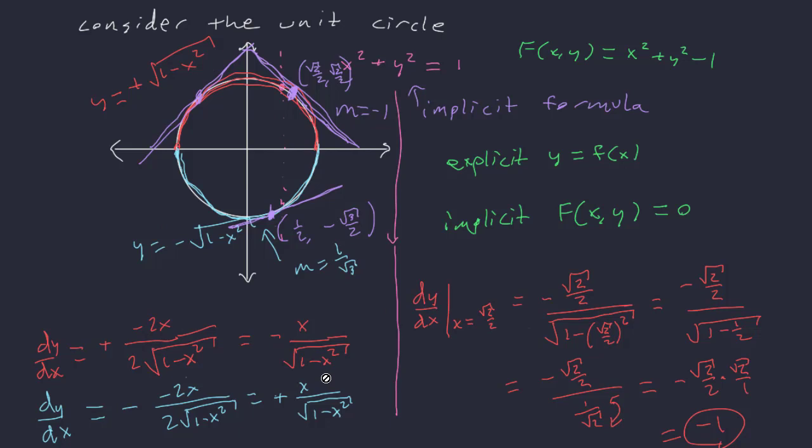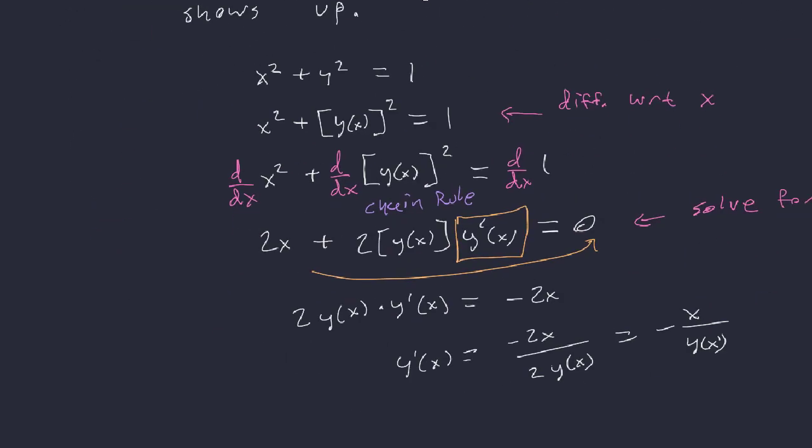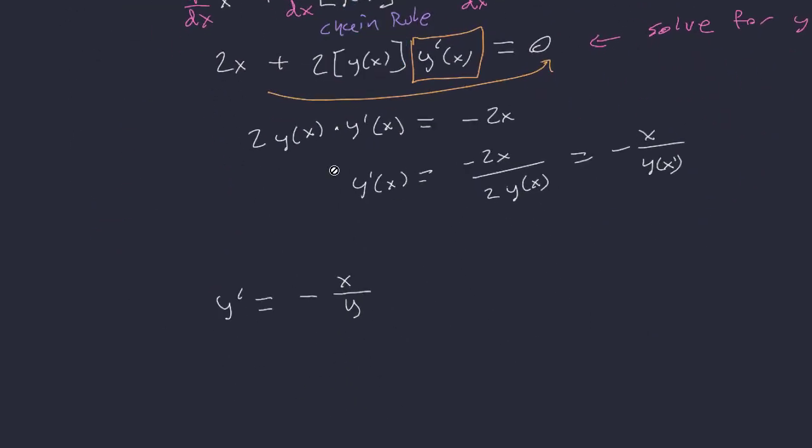So in both cases, right? In both cases, this was y, and this was y. So we ended up, at least here, getting negative x over y in both situations. That's one of the advantages of implicit differentiation.